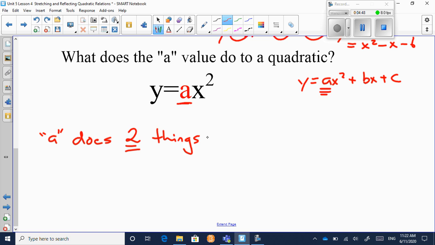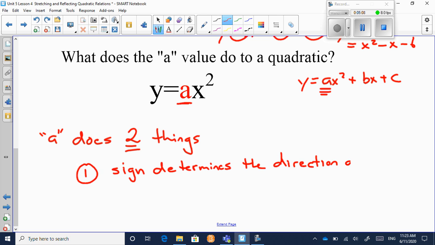Number one, the sign determines the direction of opening.